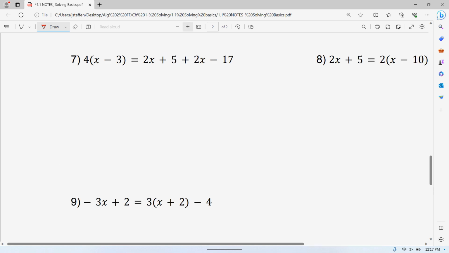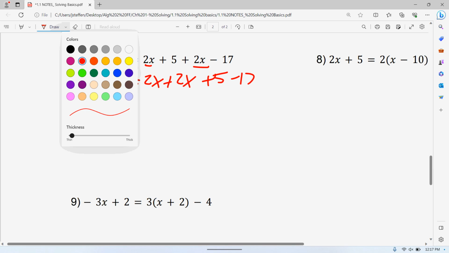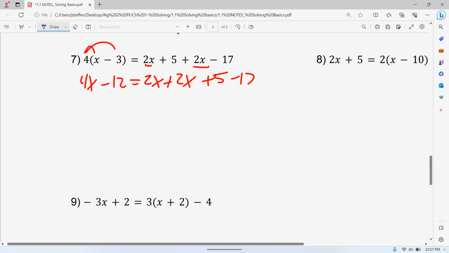Distribute by 4, so we have 4x minus 12 is equal to, if you combine your like terms, x's together, my 5 and my 17, again, most of you guys can skip that, that's fine. We end up with 4x minus 12 is equal to 2 plus 2 is 4, so 4x. 5 minus 17 is negative 12.